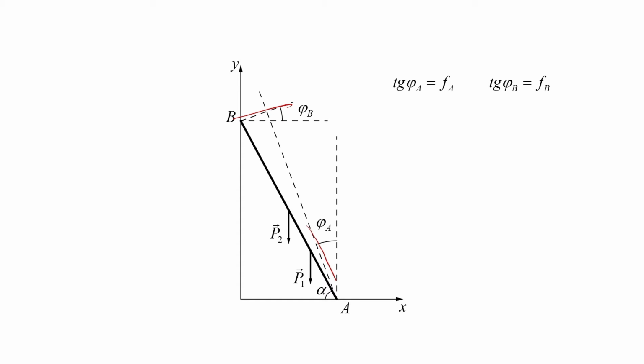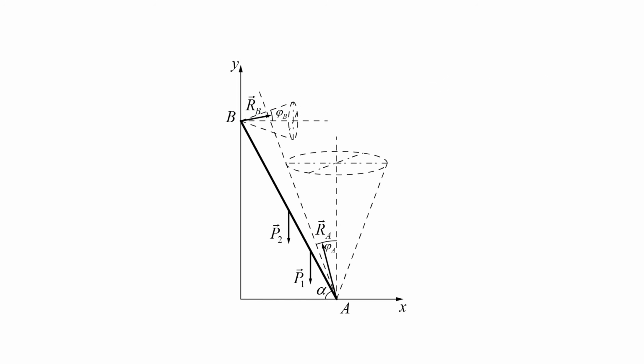The tangent of the angle phi A is equal to the coefficient of friction with the floor, and the tangent of the angle phi B is equal to the coefficient of friction with the wall. The friction cones look like this. The reactions will be directed into the friction cones. In this case, the ladder with the man climbing it will be in equilibrium.